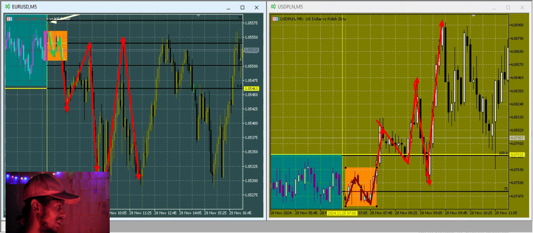That's what I'm just going to call it, because polyzotly is too long, bro. The USD PLN, you can see it went up, and after going up, you can see that it went back down. But for the Euro USD, we can see that it went down first, then went up, and then after that, it shot for the Asian low.